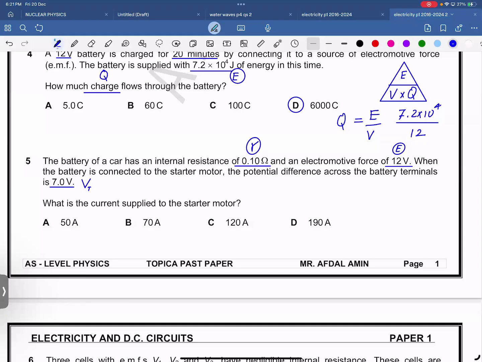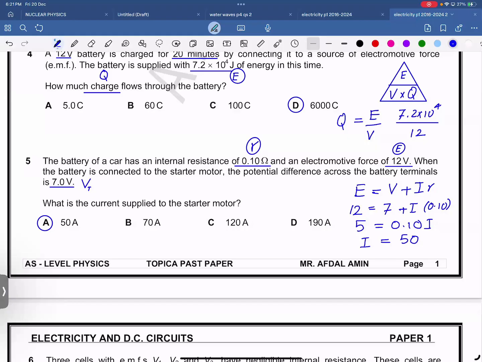We have only one equation which says E is equals to V plus Ir. Yes, my dear students, E is equals to V plus Ir. Substitute the values. EMF is 12, voltage is 7, I we don't know, r is 0.10. So 5 is equals to 0.10 I. So I will be 5 over 0.1, which is 50. Option A, my dear students.